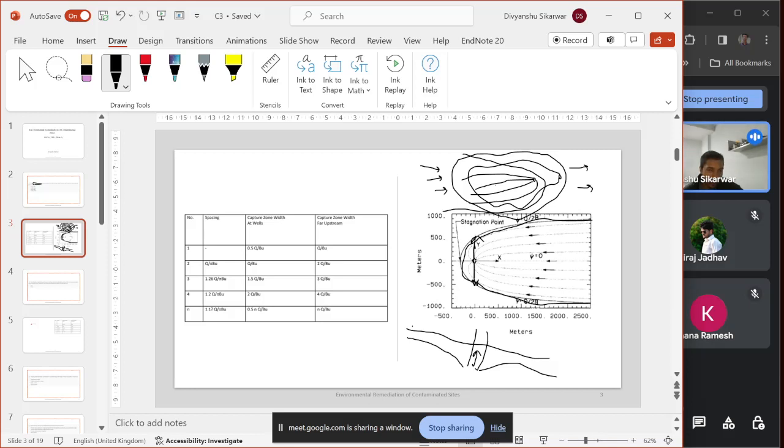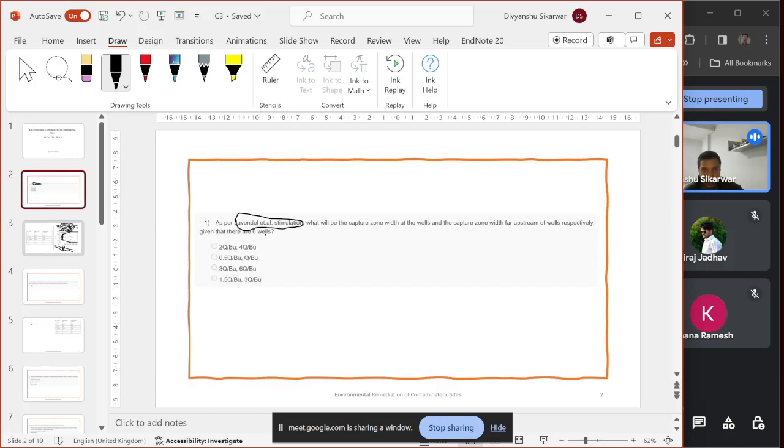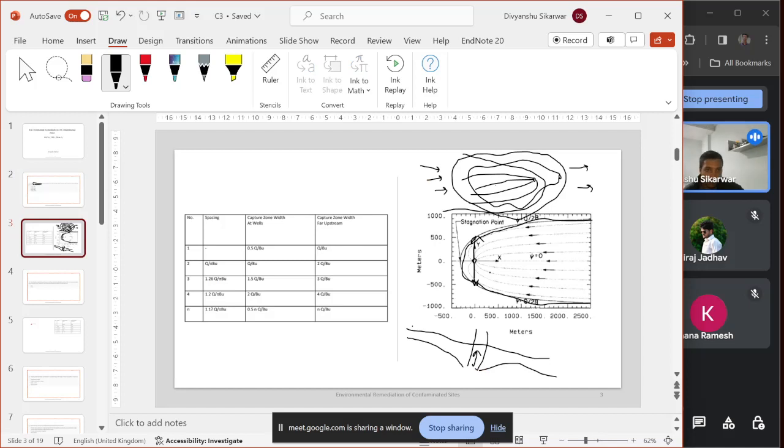When we are pumping out water from this well, it will take water from almost this zone. Whatever contaminant is present in this zone will typically be removed.